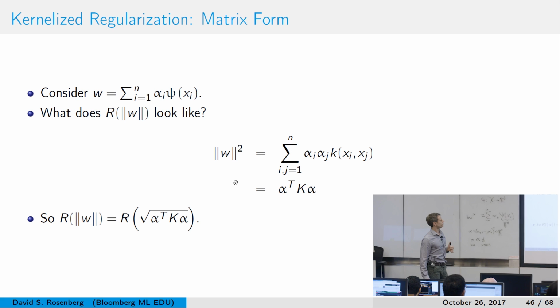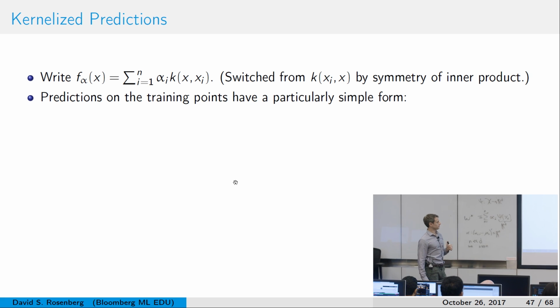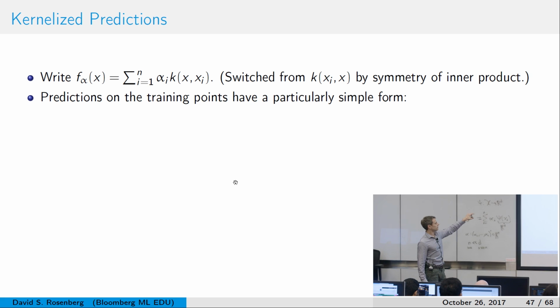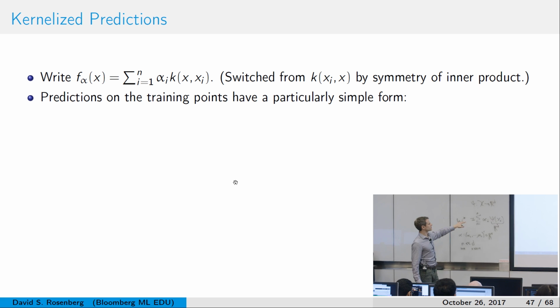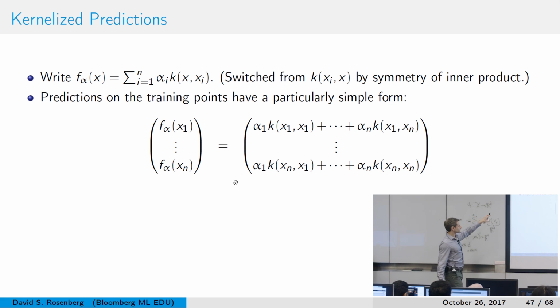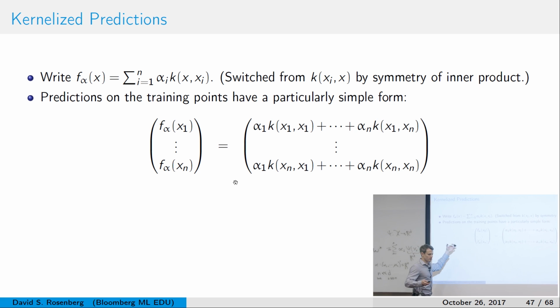All right. How about the predictions? We already talked about predictions, but let's move towards the form that we're going to need for our objective function, where we need to make the predictions not just on our new point, but on all the training data points. So we're going to vectorize it to make it look nice and clean.